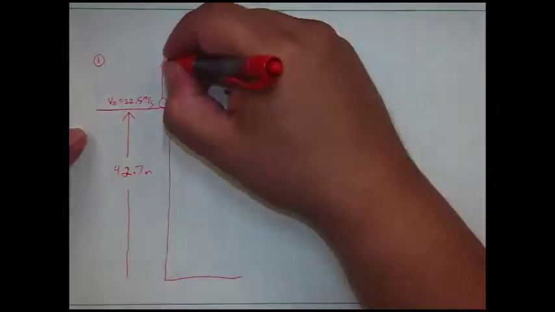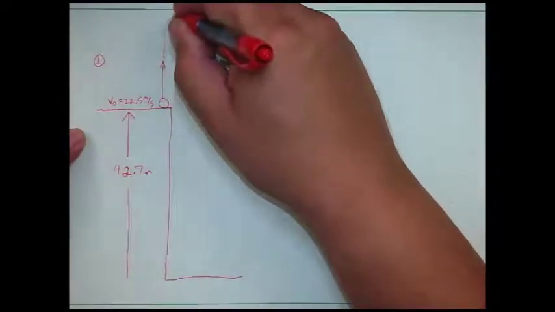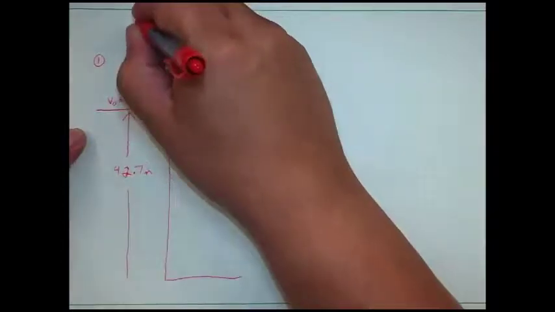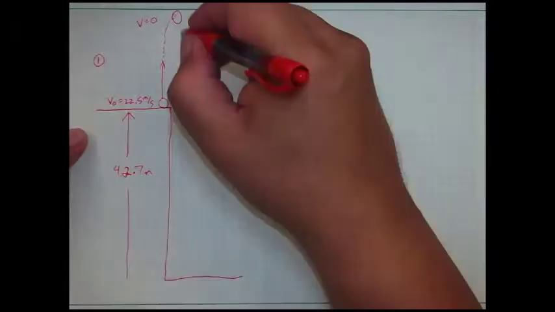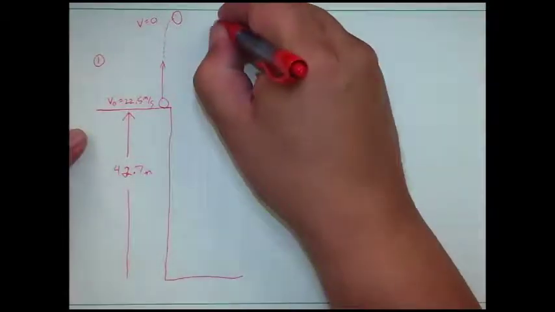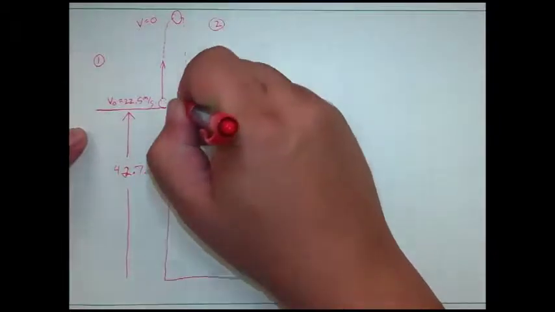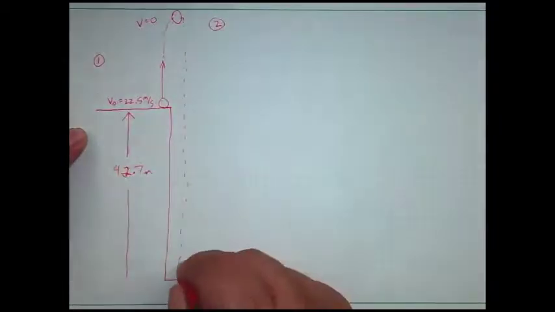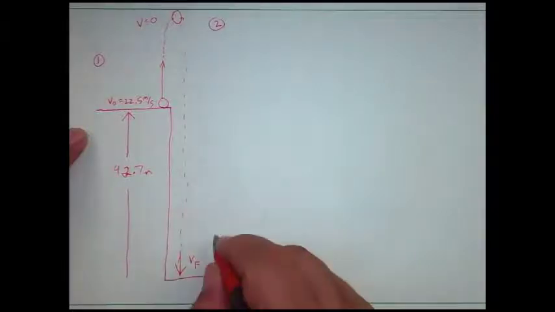The ball travels upward and briefly stops, velocity of 0, at the peak of its motion. We'll call that position 2. The ball then comes back down before it strikes the valley floor with a speed v final, and we will refer to that as position 3.